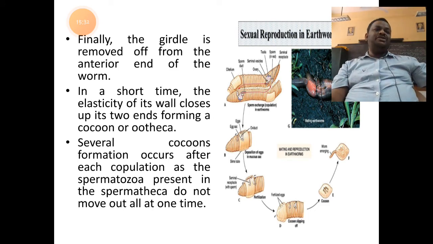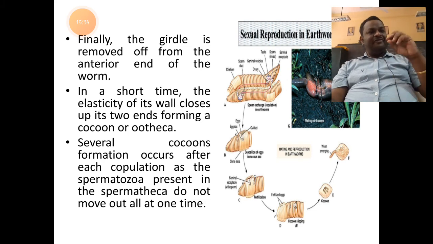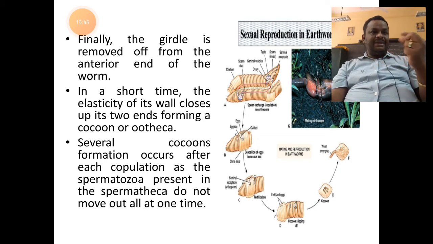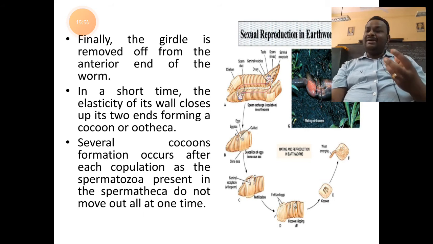Then further movement will bring about the cocoon filling with the sperms. Once the sperms and eggs are filled, the ootheca cover will get closed at two ends. Okay, it appears like a pearl structure. Inside it you find albumin secretion, many eggs, and even many sperms in a cocoon. Till this stage of cocoon formation, we call it the oothecal stage or cocoon stage.